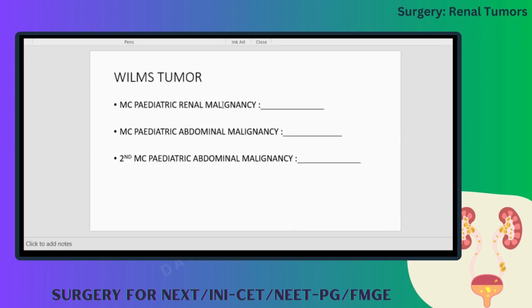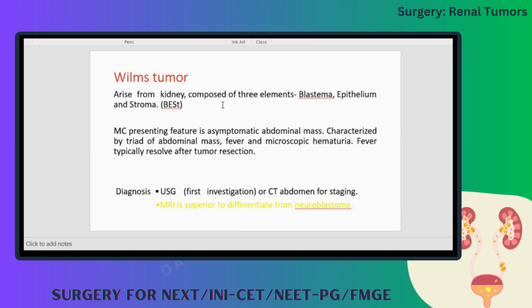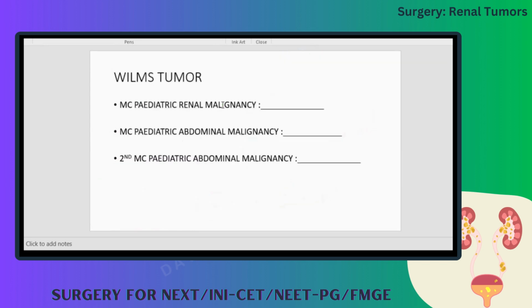So what is this Wilms tumor? Why do we call it nephroblastoma? A small point regarding its origin: it arises from the metanephric bud.